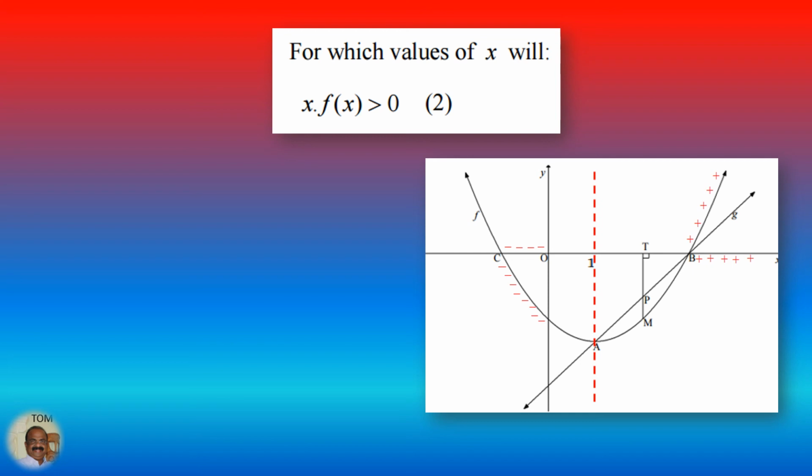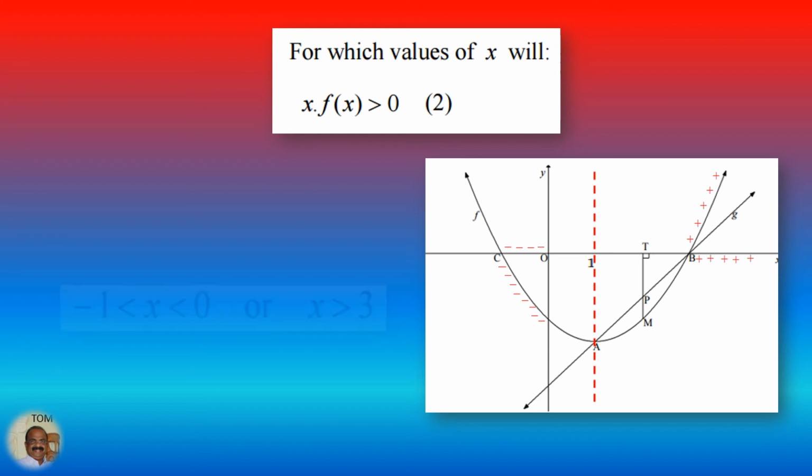Then coming to the point B, the x values starting from B are positive, and f of x is also positive there. So x times positive, starting from B, we can get greater than 0. That is positive.